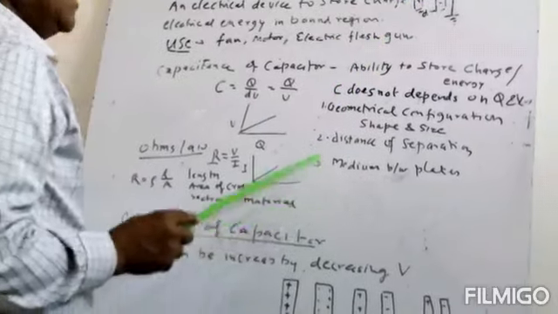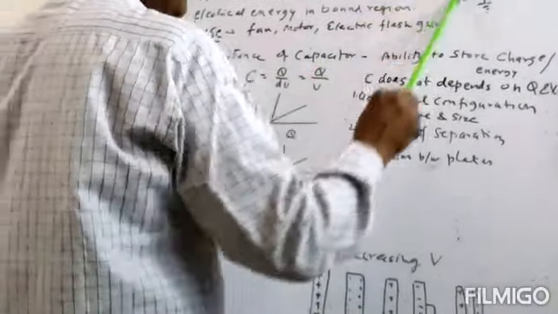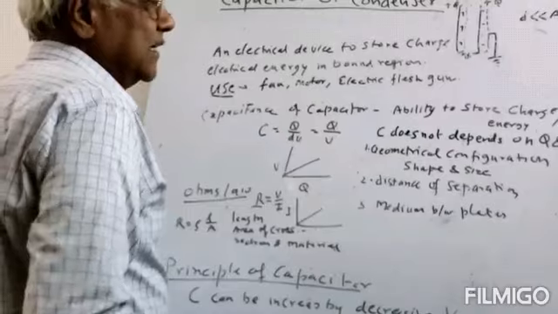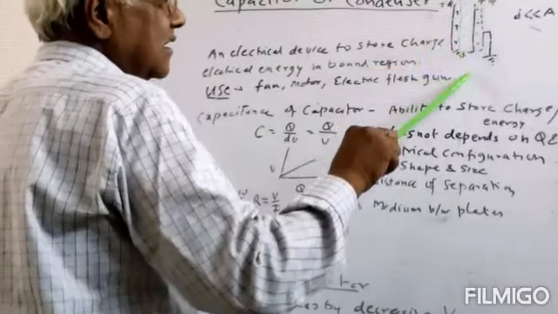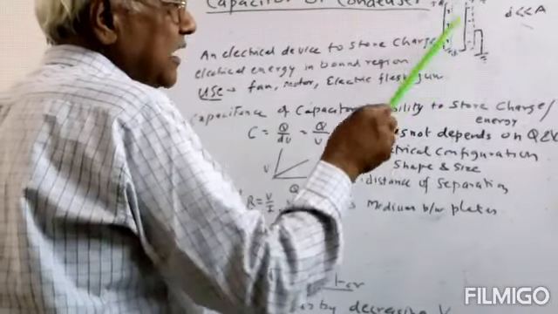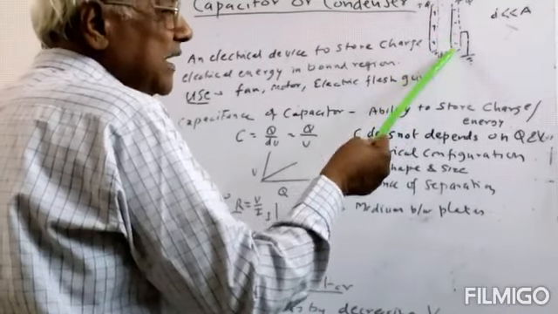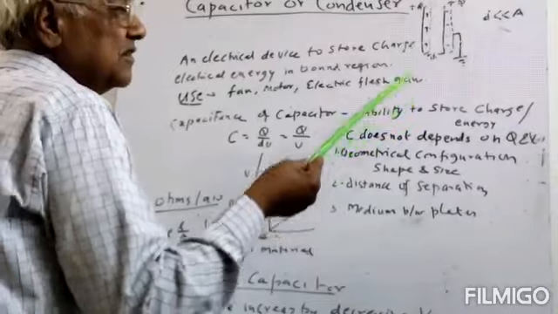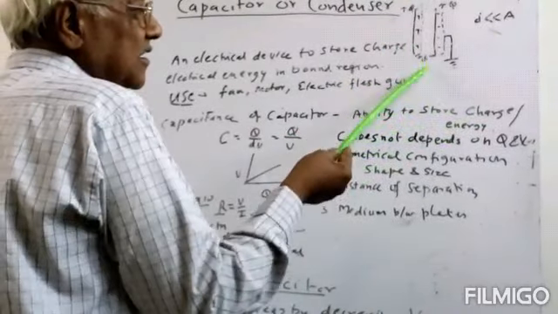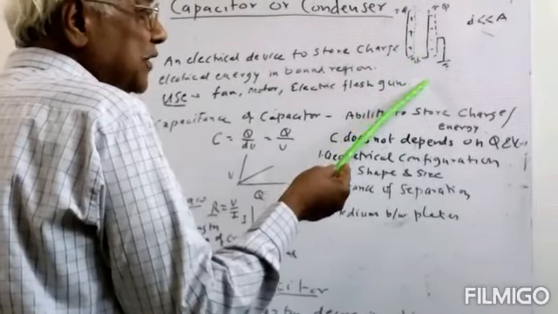And the third thing is, if we place any conductor here, then the electric field will be decreased, so the capacitance will also decrease.